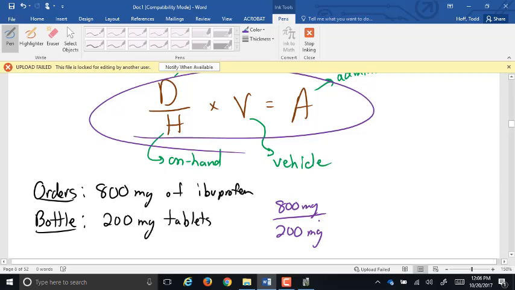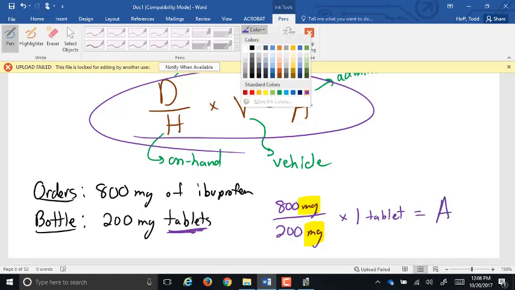Now, a little note here, by the way. The desired dose and the on-hand dose must have the same units. If they don't, this formula will not work. You can convert them if you have to. Times the vehicle is a tablet, 1 tablet, equals A, which is what we are looking for.